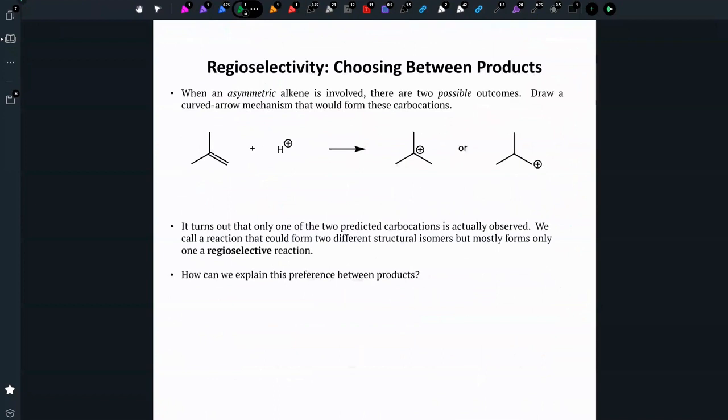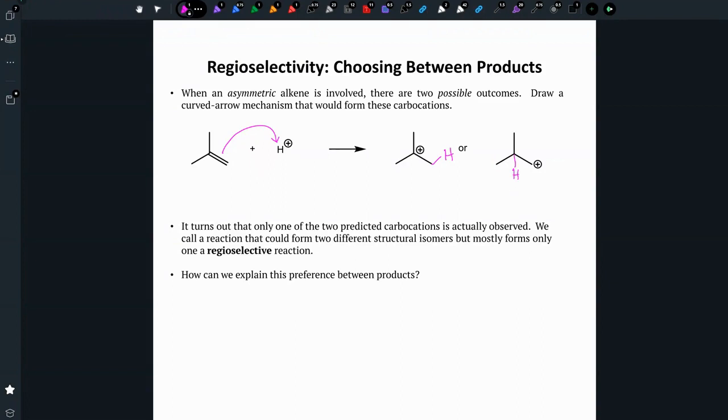Now, if you have an asymmetric alkene, meaning you have an alkene where the two carbons are not equivalent, they're bonded to different things, then you have choices, right? I can draw one curved arrow. But that curved arrow is a little ambiguous because it doesn't tell me, am I going to bond the hydrogen to the carbon on the right, or am I going to bond the hydrogen to the carbon in the middle?